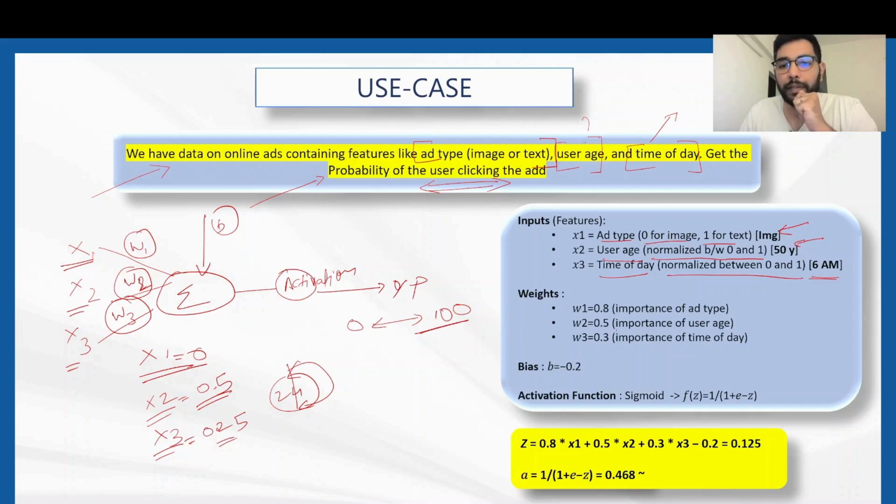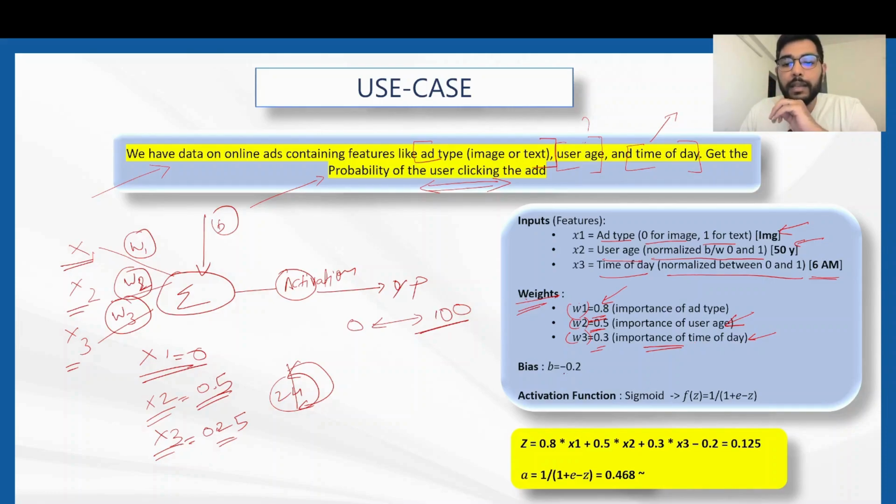So hence 0.25. For the weights, the significance, we have w1 as 0.8, w2 as 0.5, w3 as 0.3, saying that the type of the ad is most significant in predicting if the user will click on the ad or not. The user age is second most important with the significance of 0.5, and then 0.3 is the last one, that is the time of the day.